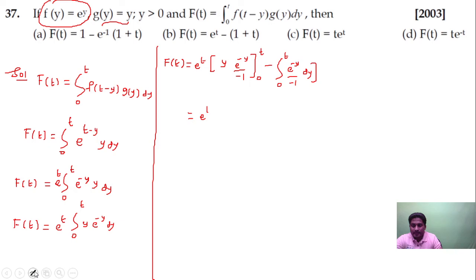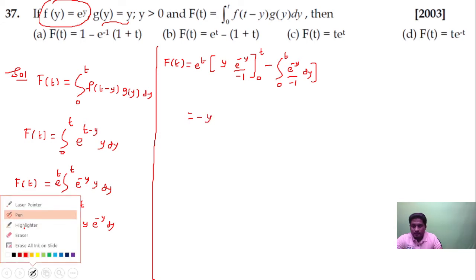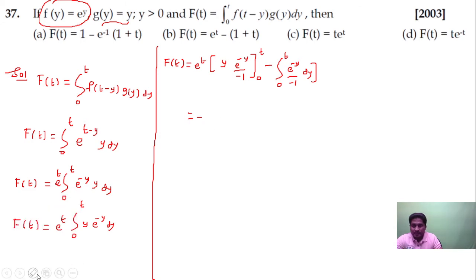If you open the bracket, this will be equal to minus e to the power of t, you get y into e power minus y between the limits 0 to t.